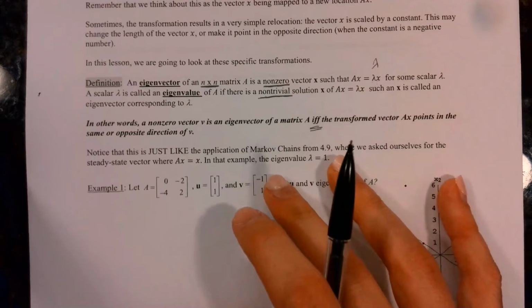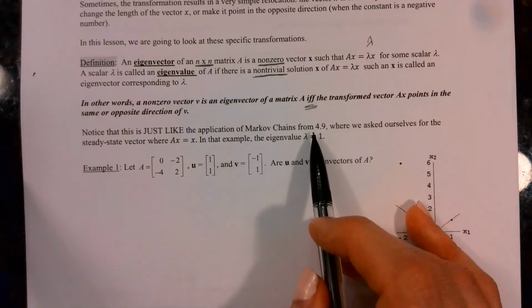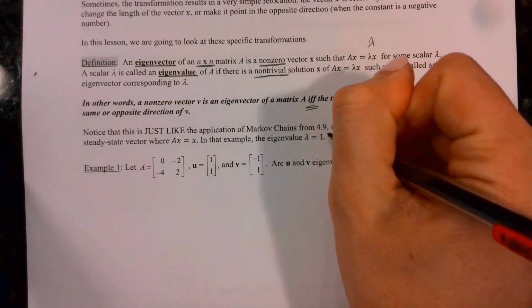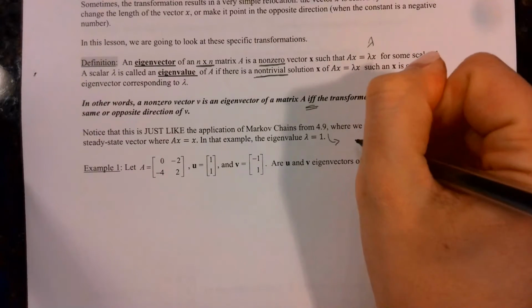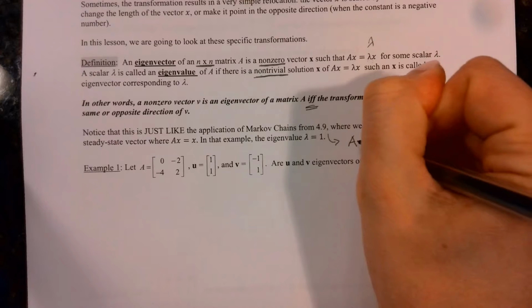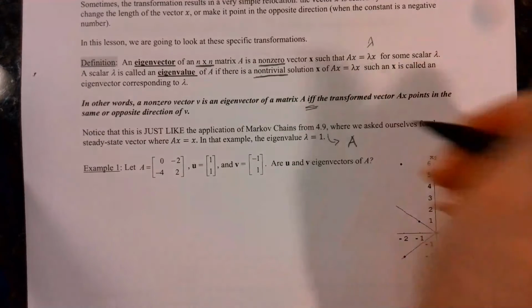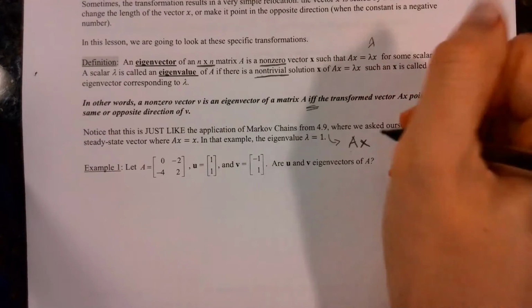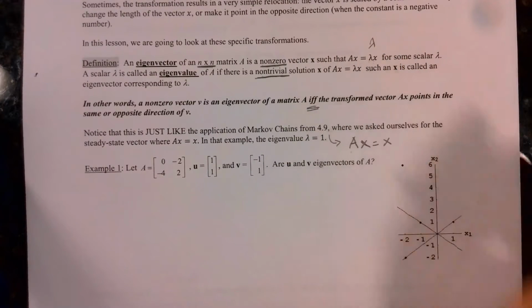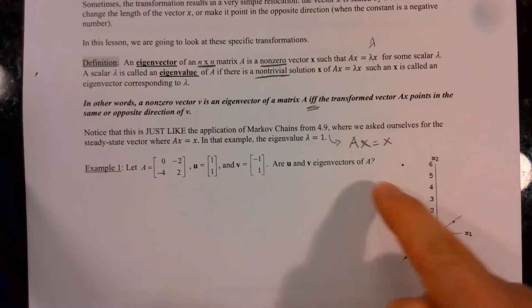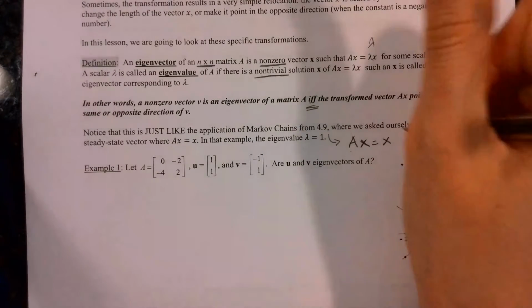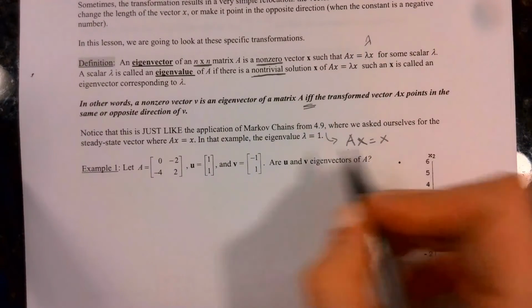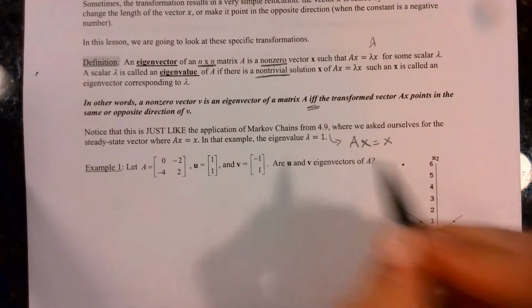This is exactly what we did in 4.9. In Markov chains, we were asking ourselves, what is my steady state vector? What is the vector I will multiply by A such that the vector does not change after it comes out? This is an eigenvector, and the eigenvalue would be lambda equals 1.